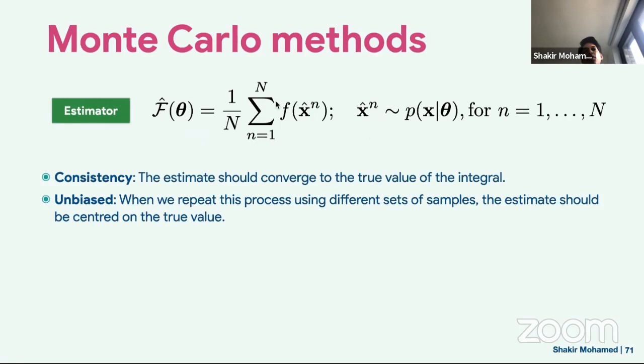So you can generate k sets of n variables, and you could get k different answers for f. So if you take the average of that set, you want then on average to be centered around the true value, and that's what unbiasedness means. So most of our work in machine learning, we will prefer unbiased estimators, although having a biased estimator is not the end of the world.